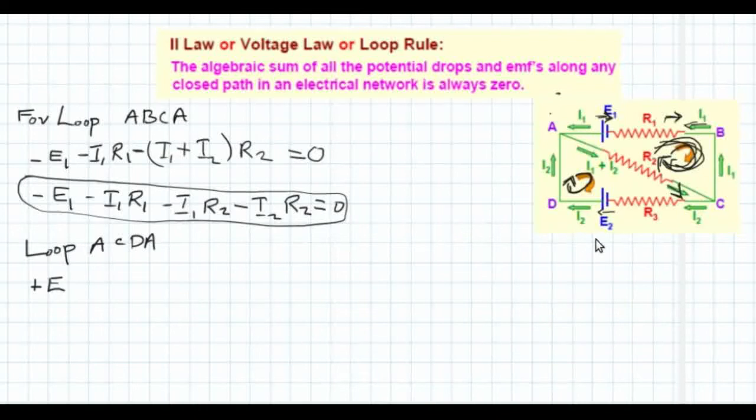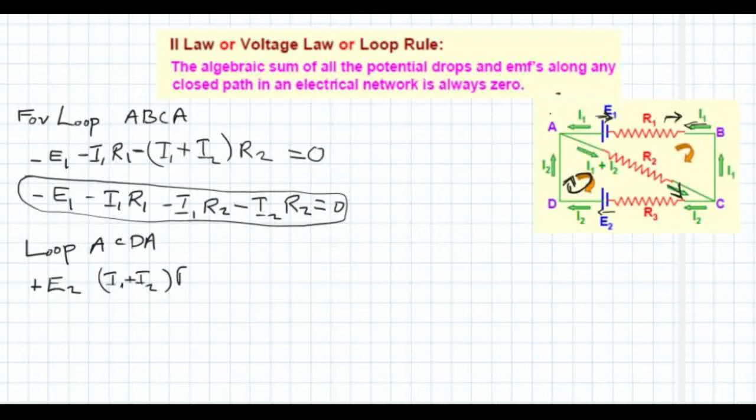And what about the EMF? Here the EMF is negative to positive, so the final destination is positive. So it is positive E2. Then what about the potential drop across R2? Potential drop across R2 should be of the form IR, and the current through the resistance R2 is I1 plus I2.